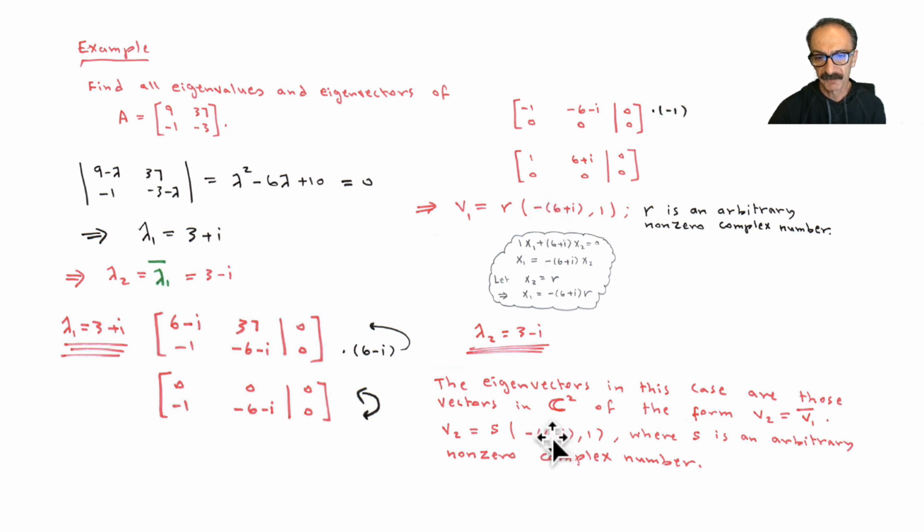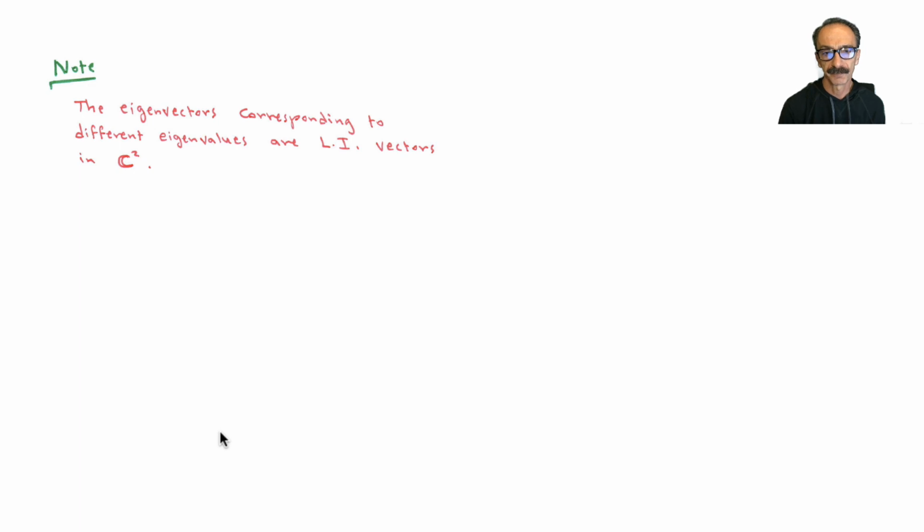If that's a little bit confusing, you could distribute here the minus sign, and you will see that in the coming note. I don't want to just read it, I'll show it to you. The eigenvectors corresponding to the different eigenvalues are linearly independent vectors in C2. You don't have to test it. It's a fact. Just keep that in mind.